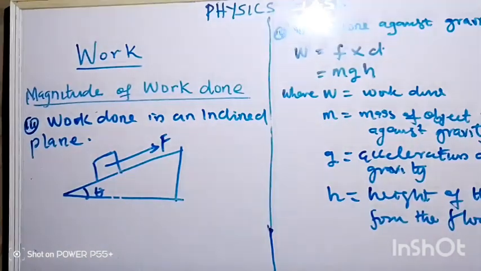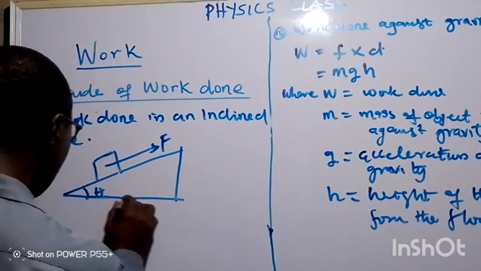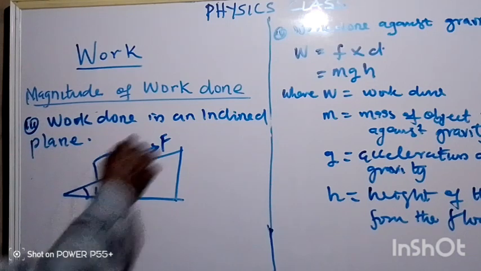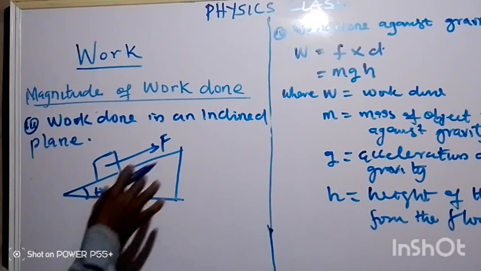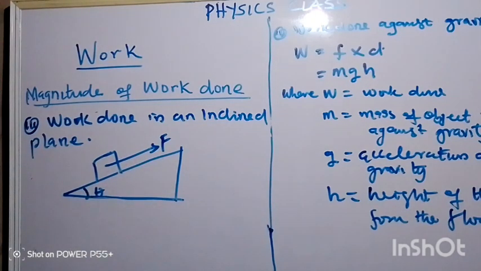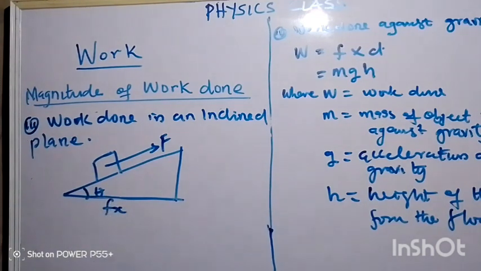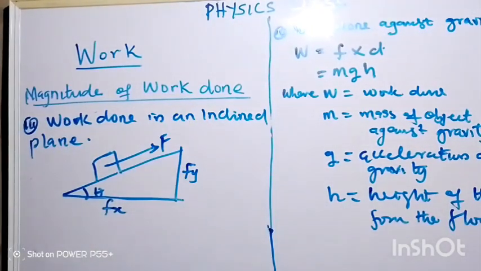For the work to be done here, we need to resolve this force into 2 components. The first component is the horizontal component, which is Fx, and the second one is the vertical component, which is Fy.